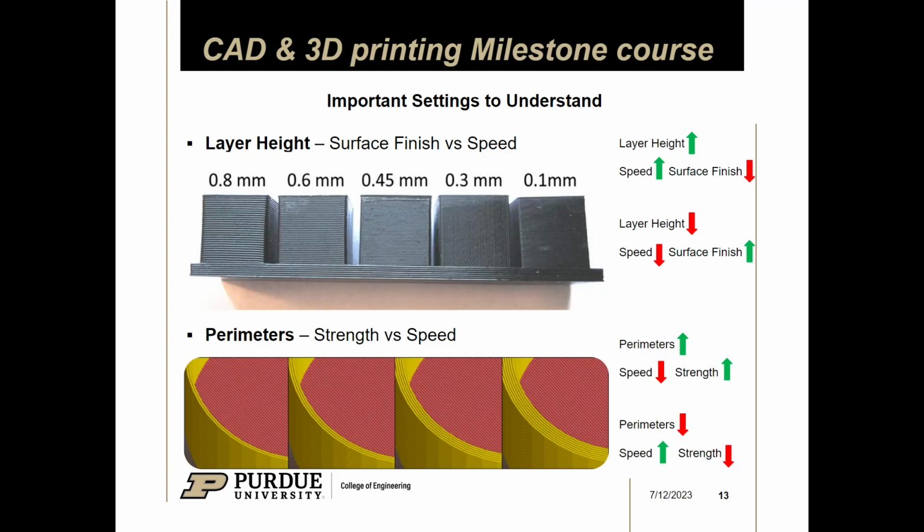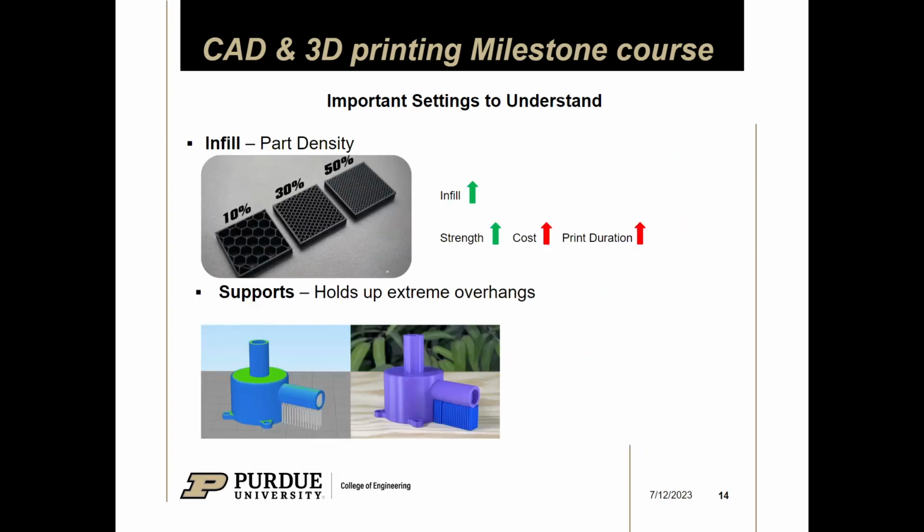So that part may not be the strongest, but if you increase the number of perimeters, the wall thickness on the outside will be stronger and it will make it less susceptible to damage depending on your situation. All of these settings can be tuned for the specific part you're making, which is really nice because you can optimize to save on speed or optimize for strength. This is all up to the person manufacturing.